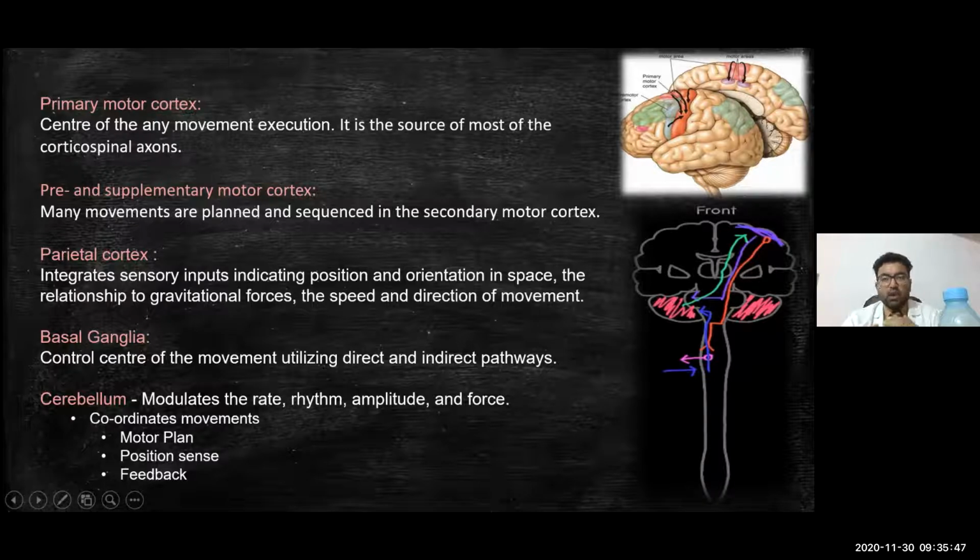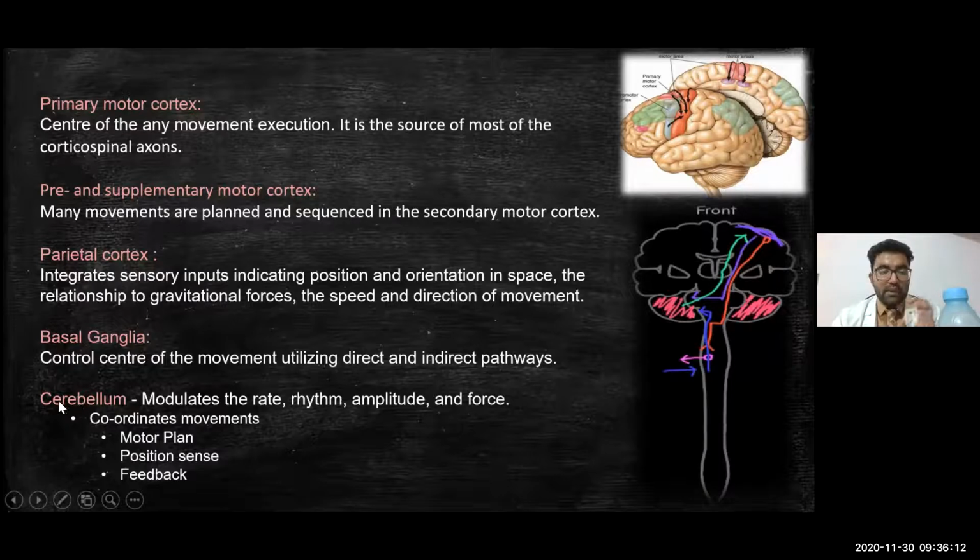It provides all the information of proprioception, all the information of joint position, and the information of what tones of the muscles are there. And according to that, the primary motor cortex decides what movements it requires. So this is how the movements are executed.